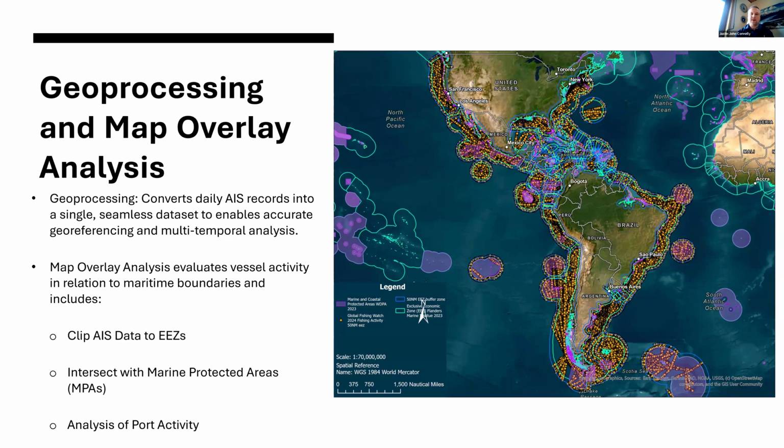Once I clip out that fishing activity, I can start to look at clipping or filtering specific sections based on my area of interest. So I can take an individual exclusive economic zone and clip that information so I can do faster iterations of hotspot analysis based on different parameters.